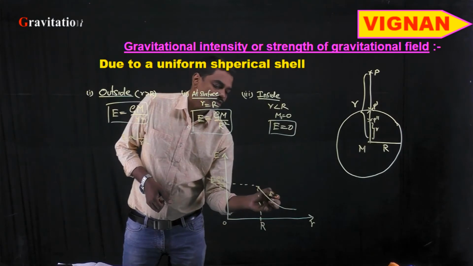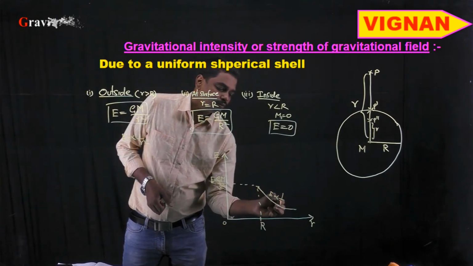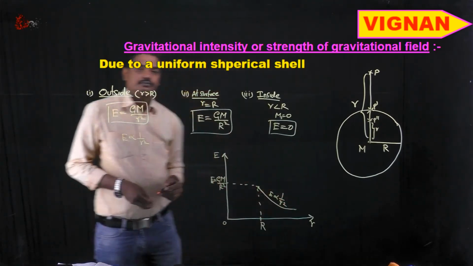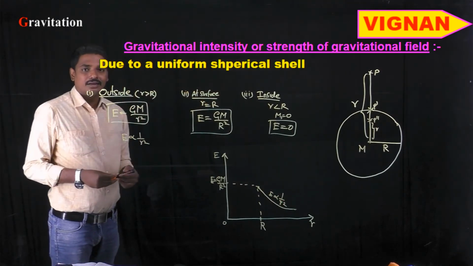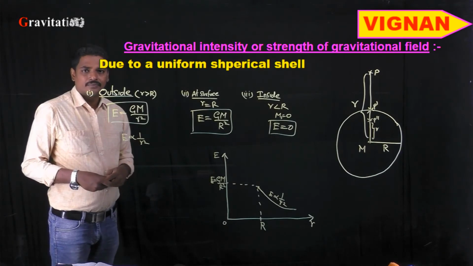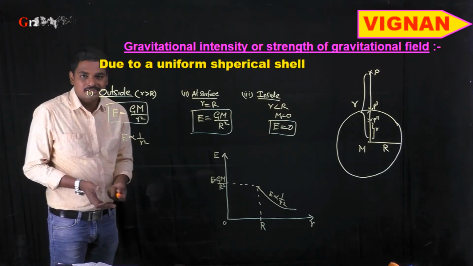So E is proportional to 1 by R square. In the same manner we can calculate for a circular ring or a circular disc.